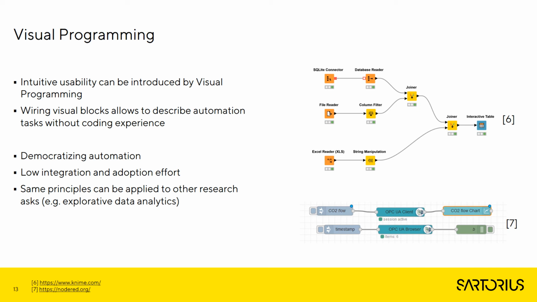This democratizes automation tasks, allowing every laboratory scientist to perform IT automation work and provides an easy way for a variety of data-driven tasks like explorative data analytics. Two major players in this field are the KNIME analytics platform, where a workflow is shown on the top right side. It is mainly used for data processing, wrangling, and data analytics, while the Node-RED environment on the bottom right is capable of wiring different hardware, software, and service components.